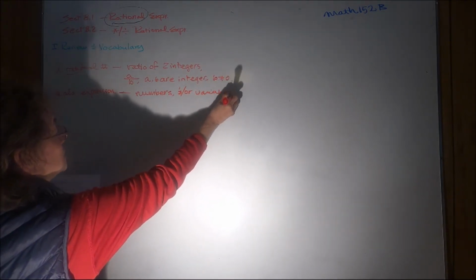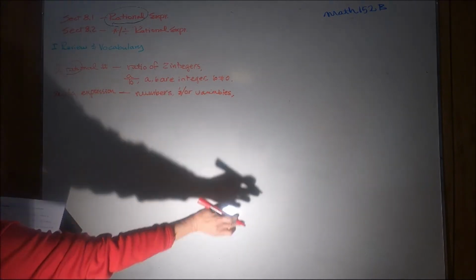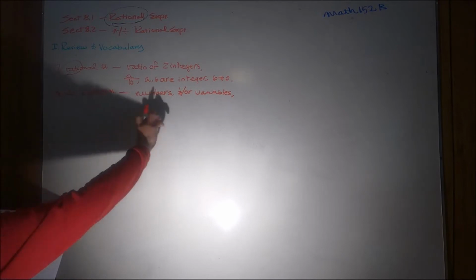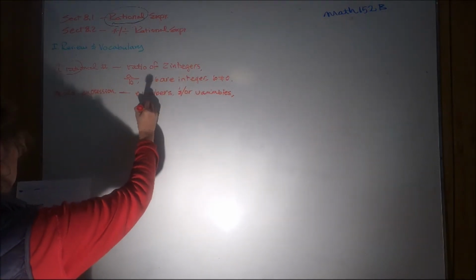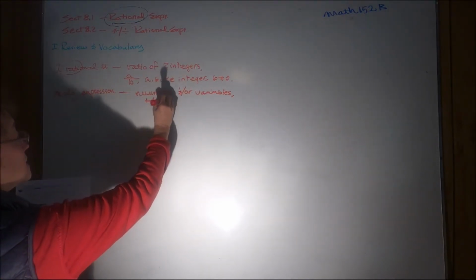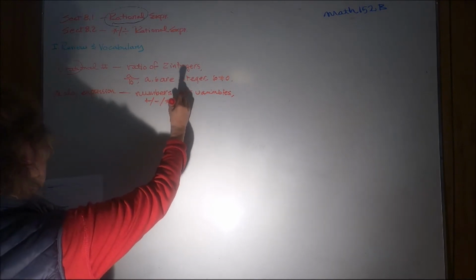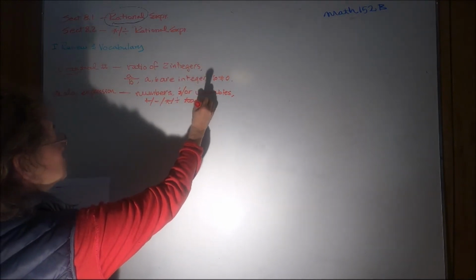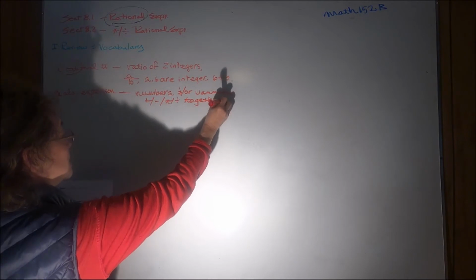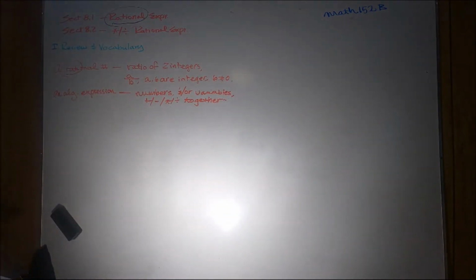So it is a combination of numbers and variables, representing a math idea. And we also add, subtract, multiply, and divide them together to express an idea for math. So we express the math idea, and that's math language.